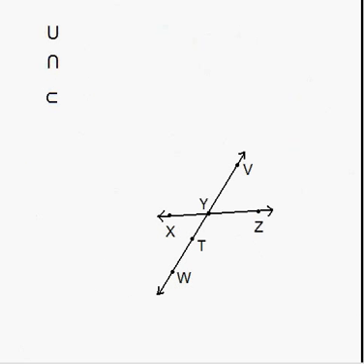Okay, so now let's look at this diagram and think about it in terms of sets. Line segment XY, the union of line segment XY and XZ.